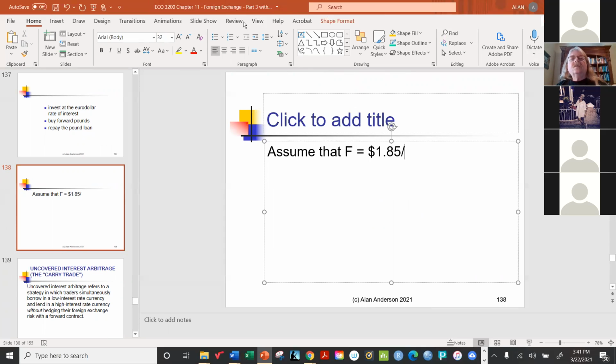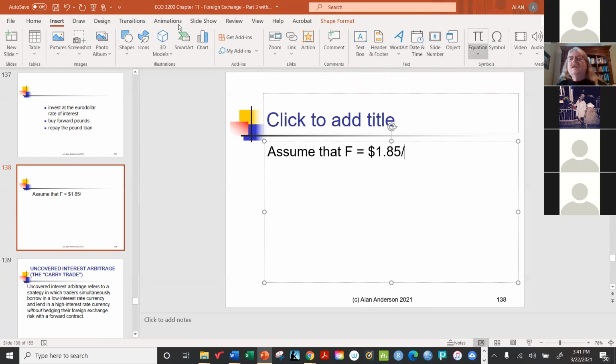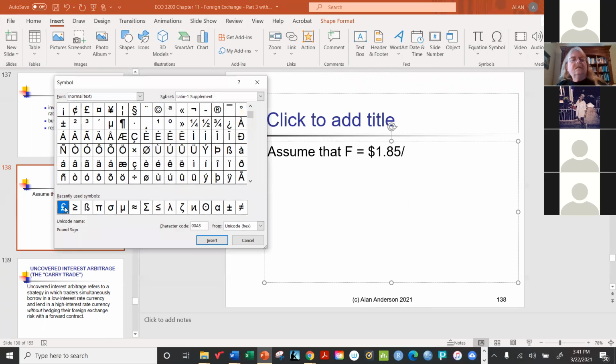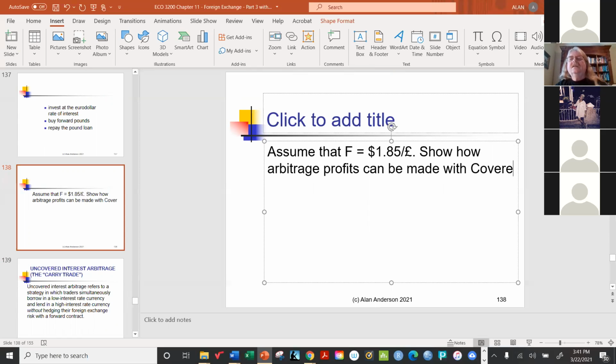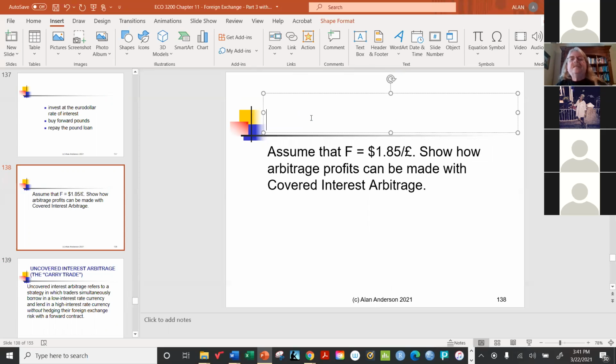All right, so what I'm going to do, hold on one second, is show how arbitrage profits can be made with covered interest arbitrage. So in other words, this is my challenge to you.